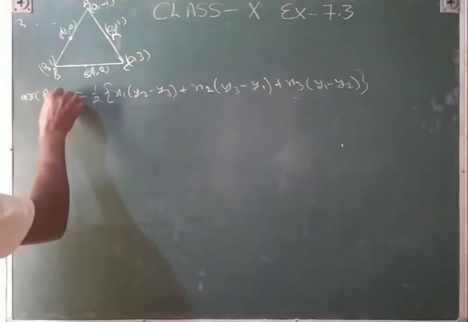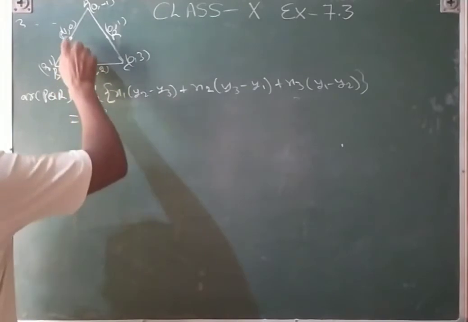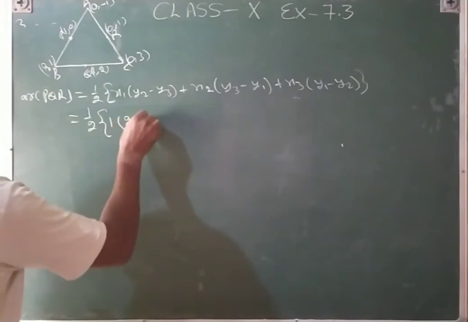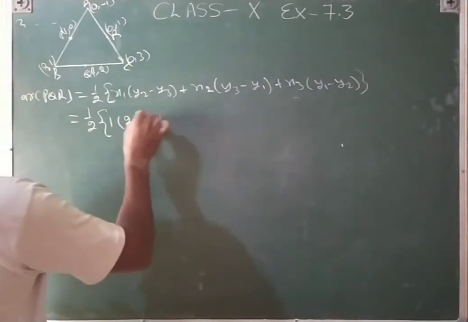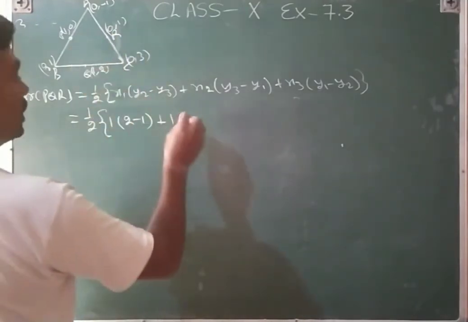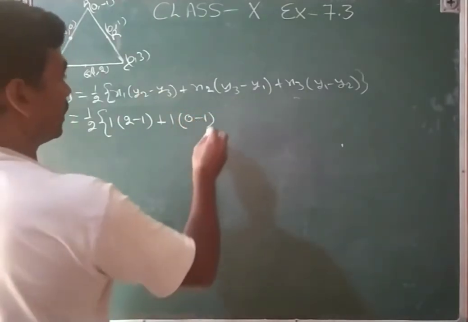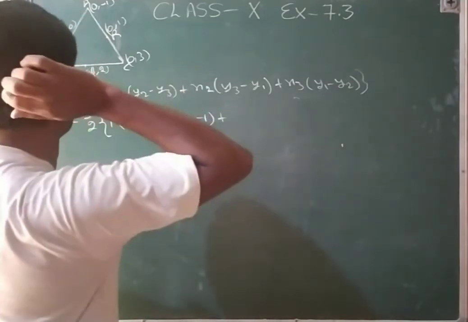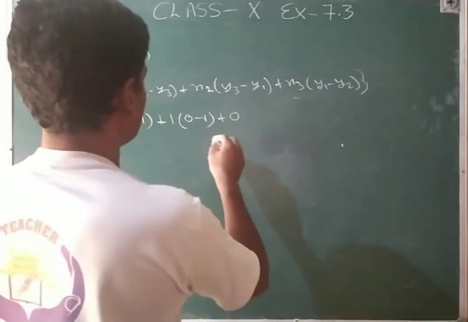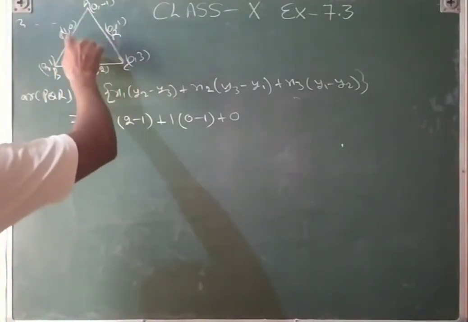The same formula will be used, that is 1 upon 2, x1 is 1 bracket 2 minus 1, and then plus that is also 1 and then 0 minus 1, that will be, next x3 is 0.